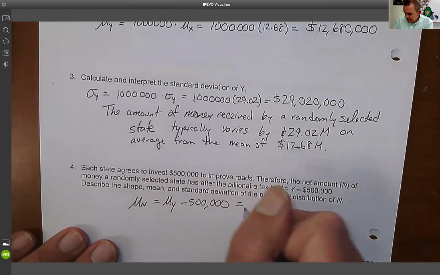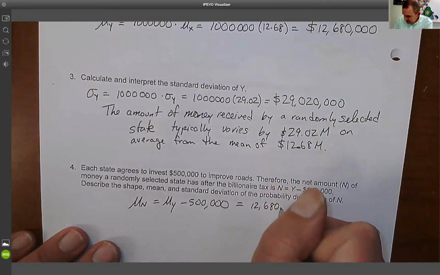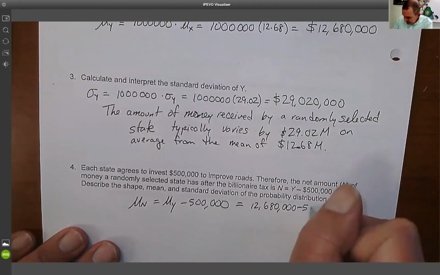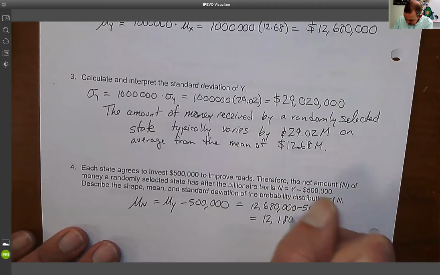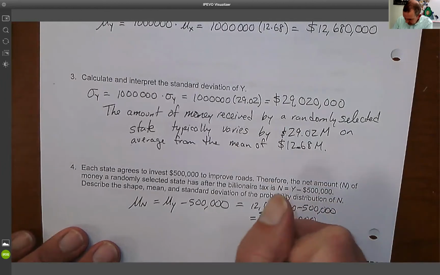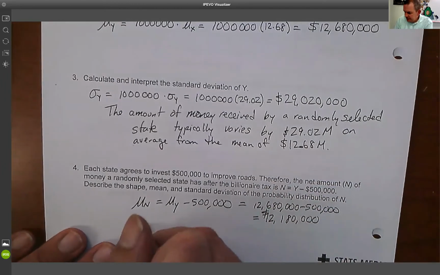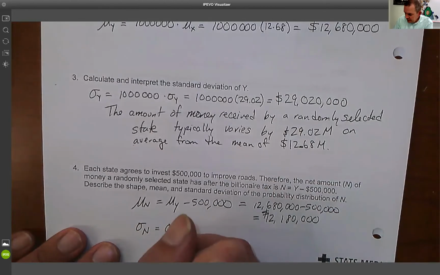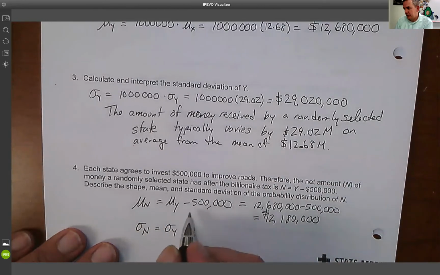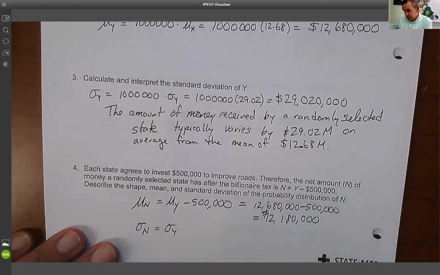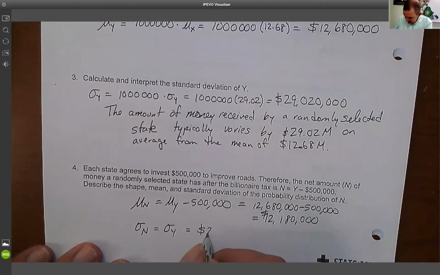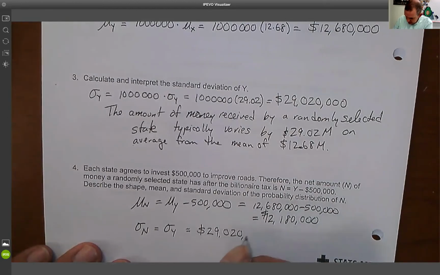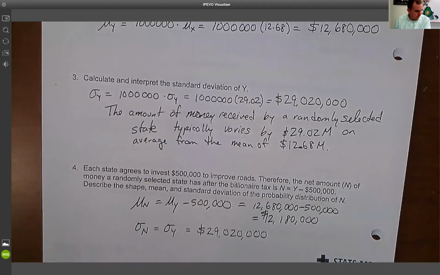We can subtract, so it's 12,680,000 minus 500,000, which equals $12,180,000. But when it comes to standard deviation, we don't add or subtract a constant, because we're taking it on average from all of them. So it stays the same at $29,020,000. It's not going to change.